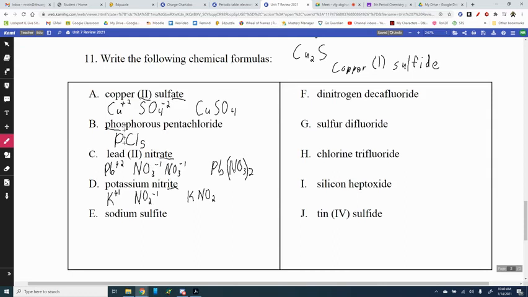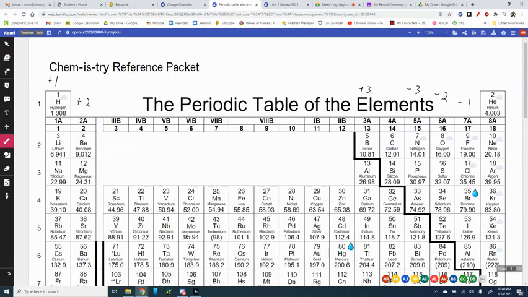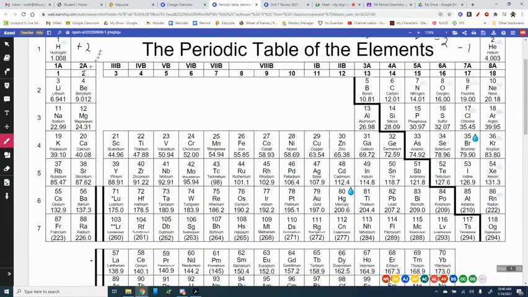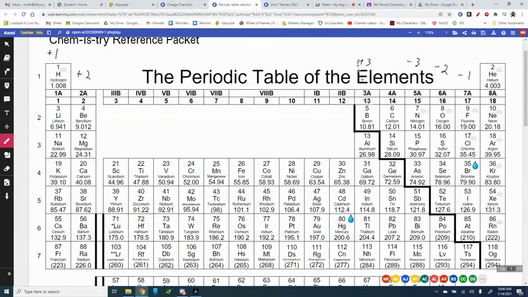And we're gonna keep going. Well, yeah, I guess I should say that. So K is a +1 because it is in the first column. All the elements in the first column have a +1 charge. All the elements in the second column have a +2 charge. All the elements in the third column have a +3 charge.